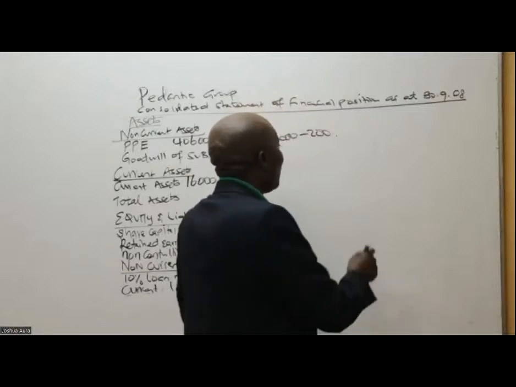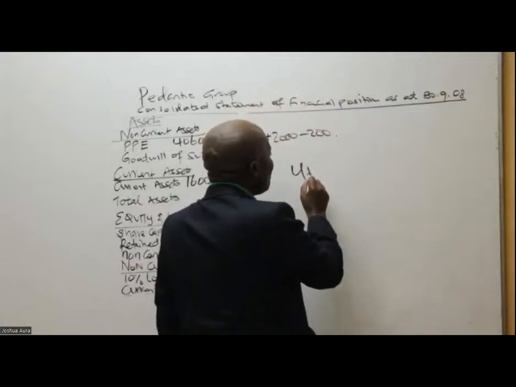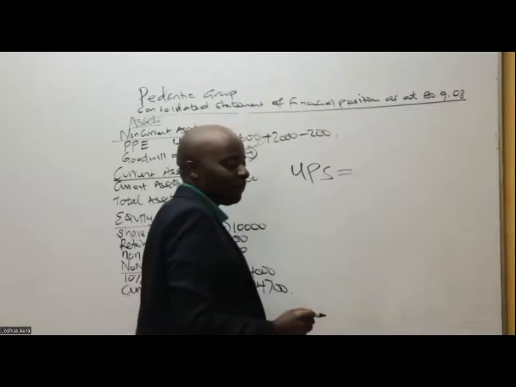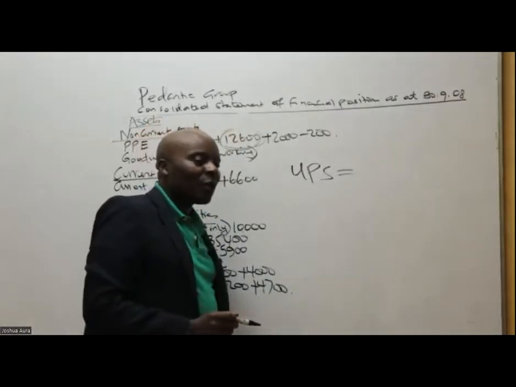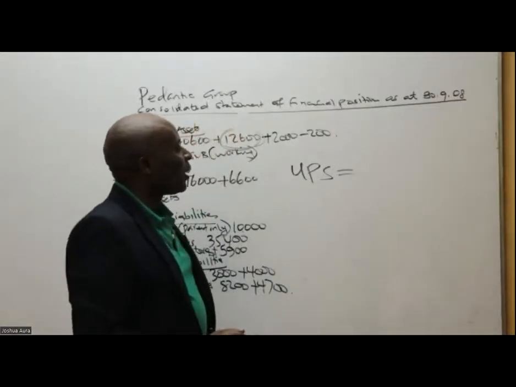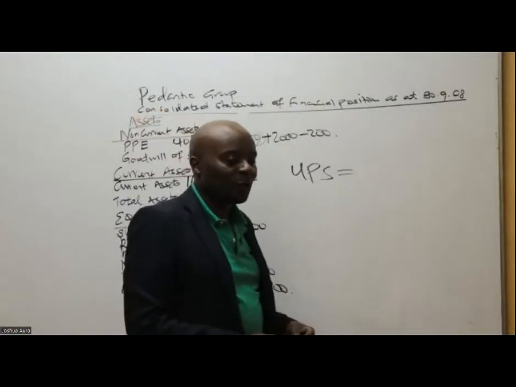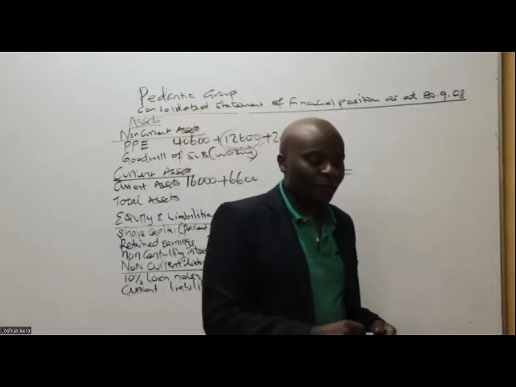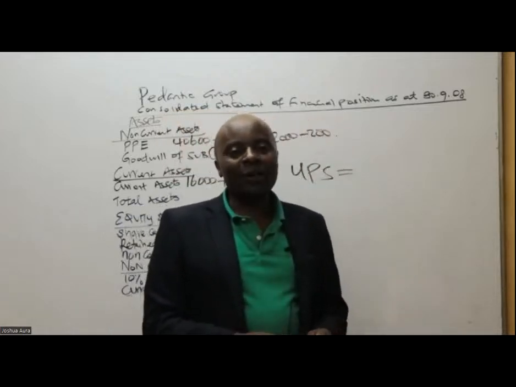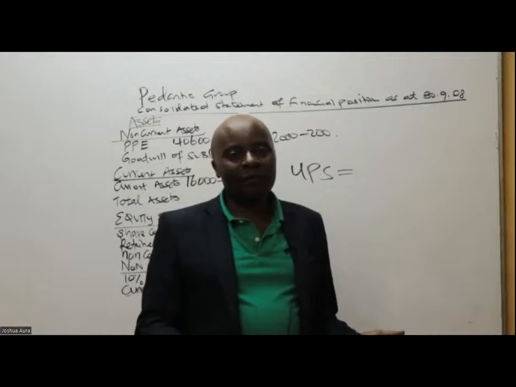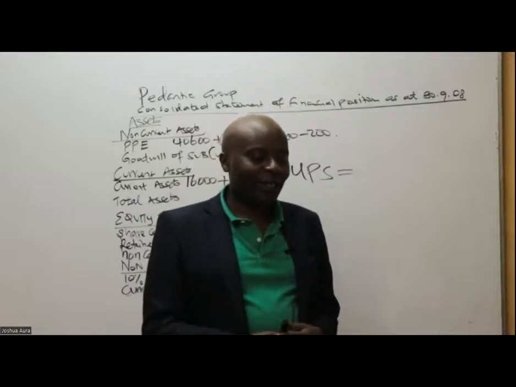This examiner wants me to calculate what we call unrealized profit on stock. Is there anybody who can remind us of the formula for getting unrealized profit on stock? Is there any examiner? I'm calling you people examiners. For sure, that is now a prophecy that all of us will pass.